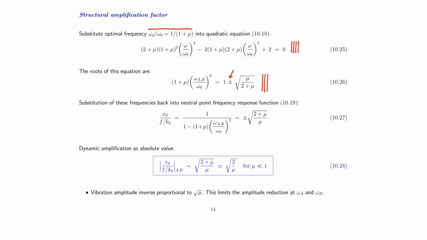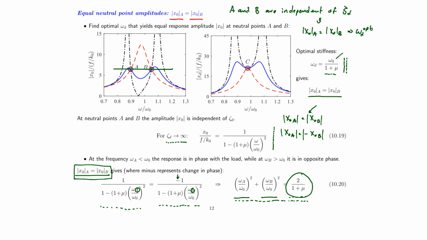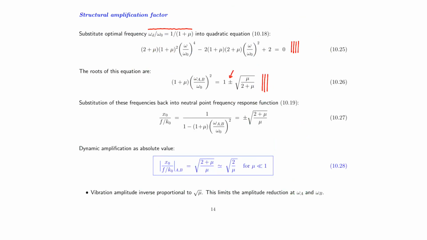So we take these omega A and omega B frequencies and we plug them into our expression for the frequency response function, because this solution for x0 was exactly obtained for omega d approaching infinity, so it represents the amplitude at A and B. And if we do so, we get this solution here, and we substitute in our solution for omega A and omega B. Things cancel, and we get plus minus the square root of 2 plus mu divided by mu.